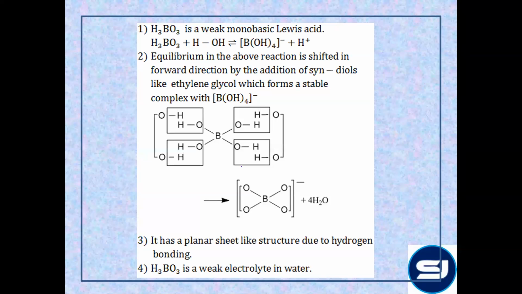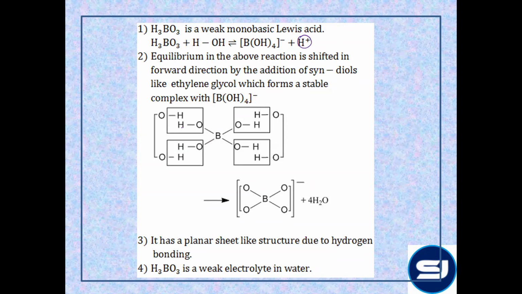That is already discussed. It will take the lone pair from the oxygen of water and form the BOH4 negative, along with giving the H plus ions from the water, not of its own. The equilibrium in the above reaction is shifted in the forward direction by addition of syn diols like glycol, which forms a stable complex with the BOH4 negative.